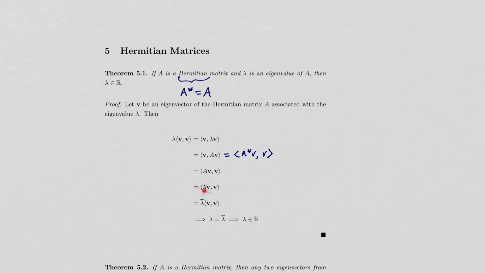But if it comes out of the left-hand side of the inner product, it does get conjugated. So we end up with this equation, lambda times the inner product of V with V is equal to the conjugate of lambda times the inner product of V with V. Well, the inner product of V with V here and here is equal, so that means lambda has to be equal to its conjugate. Well, any complex number that's equal to its own conjugate must be real. So Hermitian matrices have real eigenvalues.